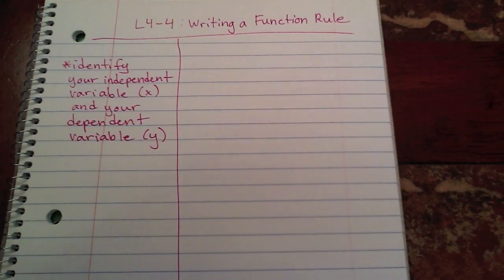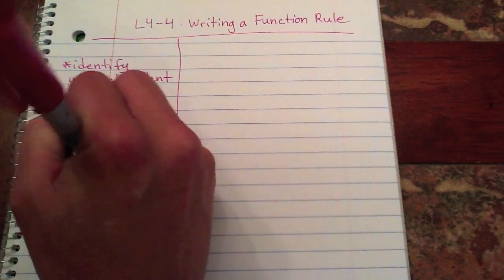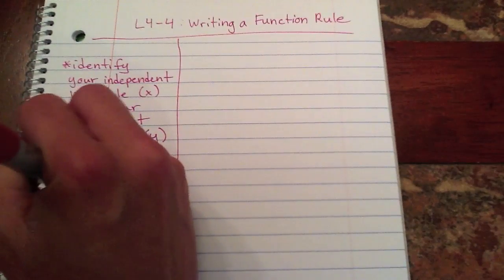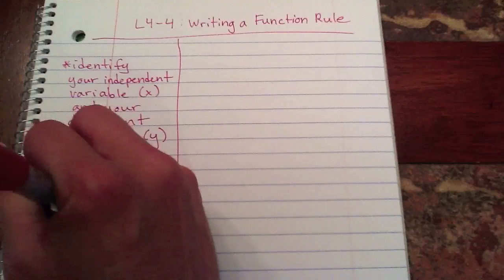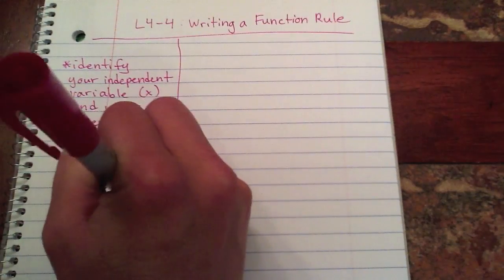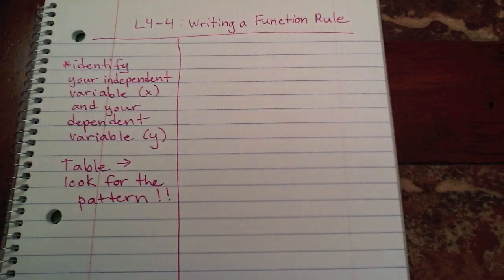And usually you're going to be given this information in some sort of a table. Other times you're going to be given the information in equations, which you've already been doing a lot of practice with setting up equations. So when you're given a table, you're just going to look for the pattern. Sometimes the patterns are pretty easy to see.